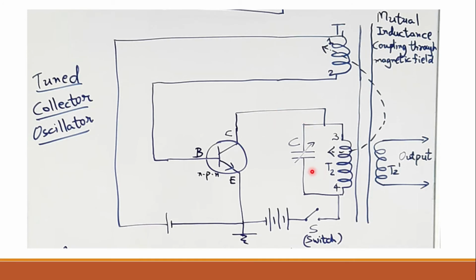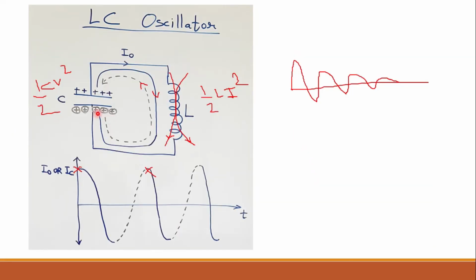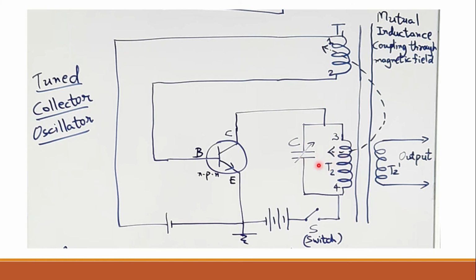So now what will happen, as we have seen from this LC oscillator circuit, the current will start flowing in the opposite direction like this, which is shown with the dotted black line, okay? And again the current will start increasing like this. So same thing will happen over here. Again these positive charges which have reached here will now flow in the opposite direction like this, and again the current will start increasing.